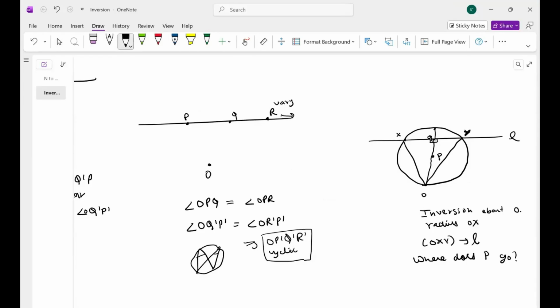Inverse of Q is the intersection of the tangents from X and Y to the circle. Now, we're talking about the inverse with respect to O, not about P. So the inverse of Q with respect to P would be this intersection, but we want the inverse with respect to O. And O is the point that sends the circle OXY to the line L.